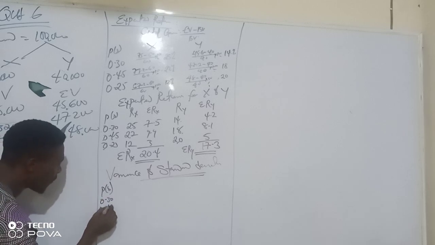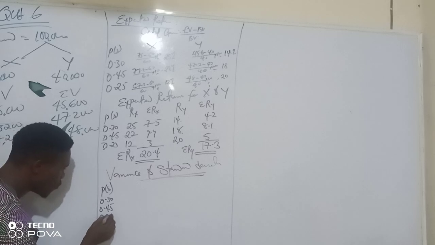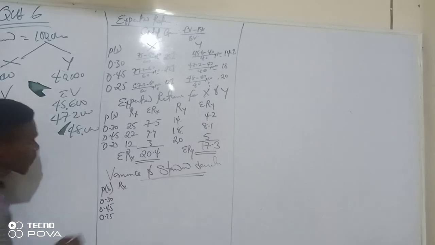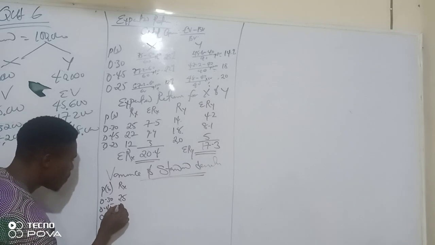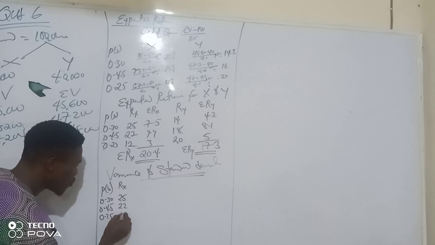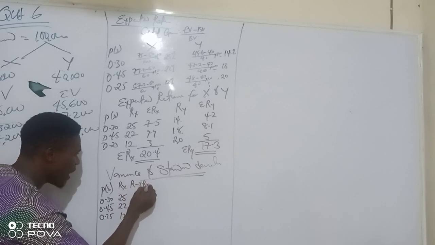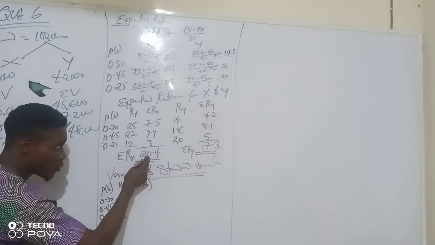0.45 and 0.25. Our return of x will be 25, 22, and 12. So our return minus expected return of x: you have expected return here 20.4.